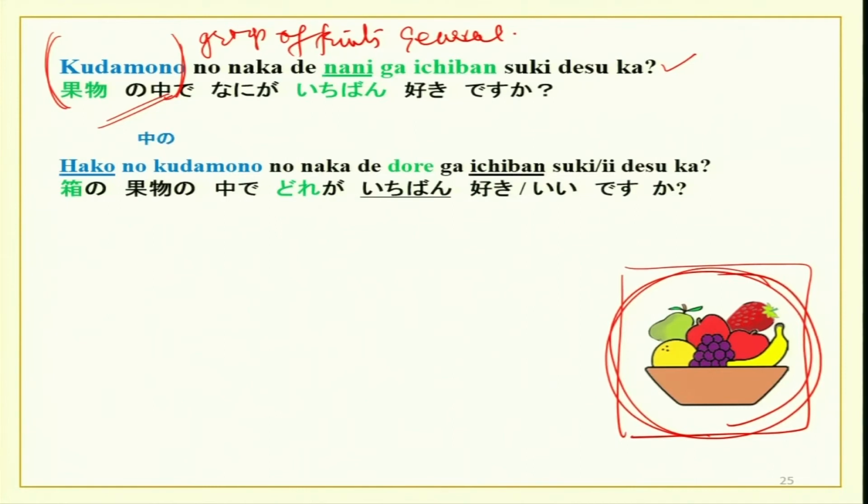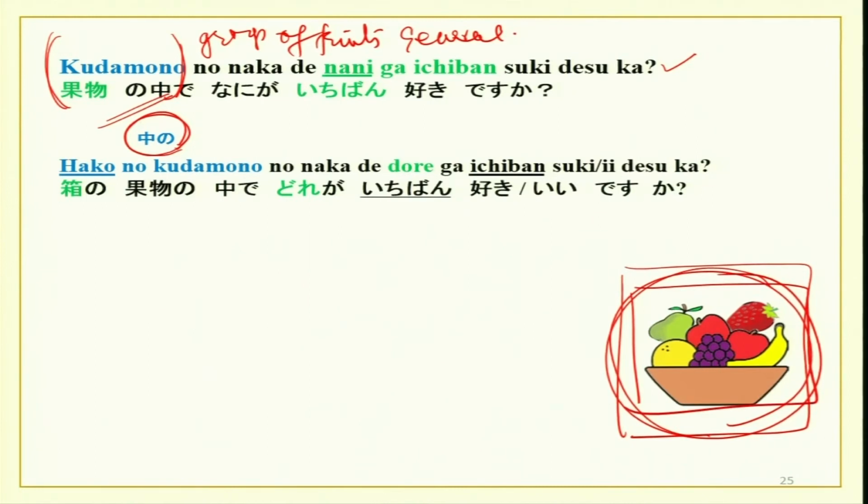So in a similar manner, hako no naka no kudamono, this will make it even more clear, no naka de dore ga ichiban suki desu ka? So specific fruits kept at a certain place.